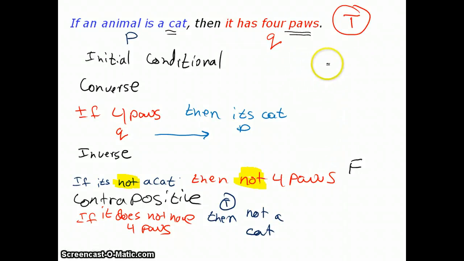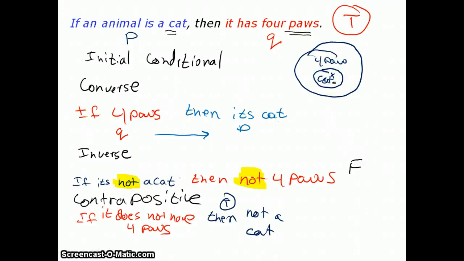There's another way that I like to look at this. Go back to that Venn diagram. I have two groups. Cats are inside the four-paw group. So if it's a cat, so if it's inside this group here, then it's inside the four-paw group.